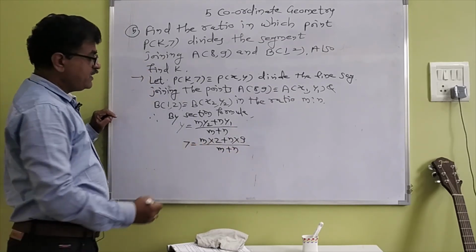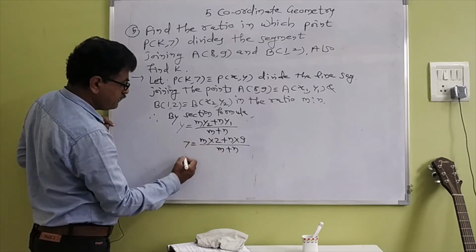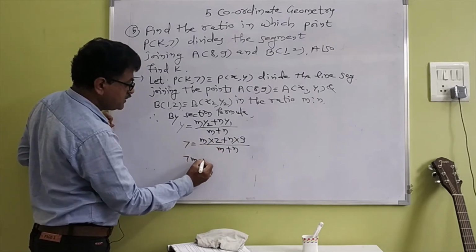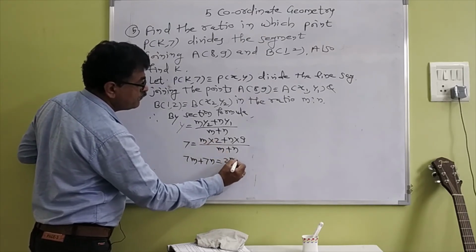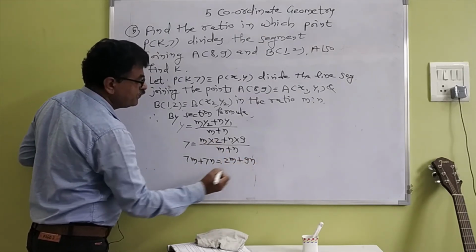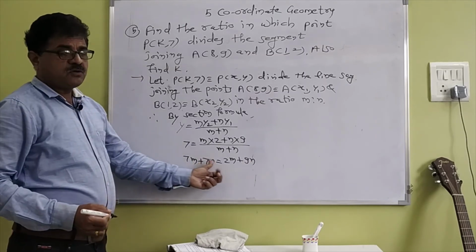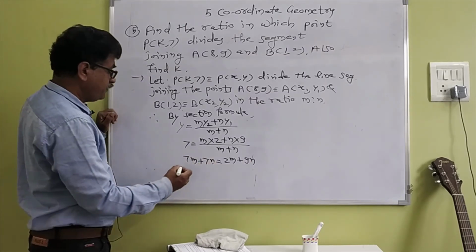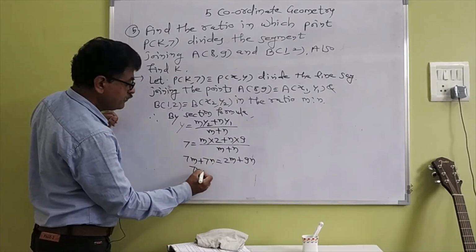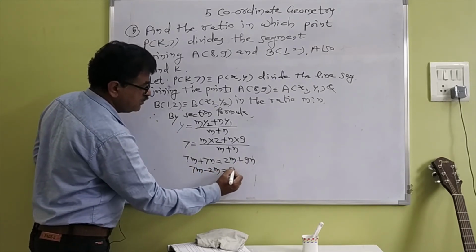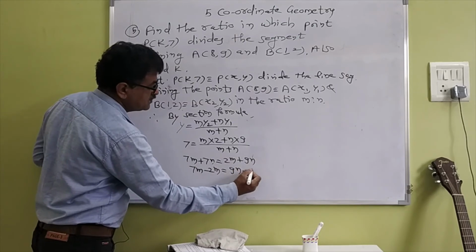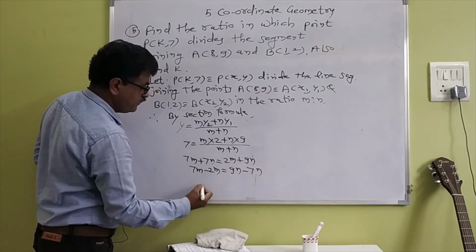Taking cross multiplication, that is 7m plus 7n is equal to 2m plus 9n. Now take terms of m to the left hand side. 7m minus 2m is equal to 9n minus 7n.